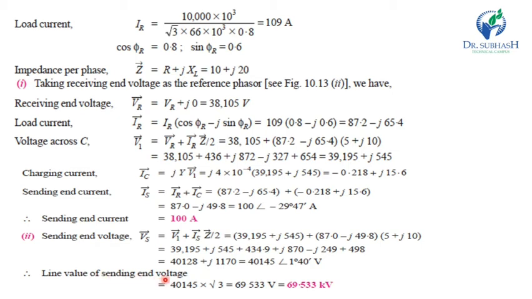Now the line value of sending end voltage: if we find a line value from the phase value, we multiply with root 3. So here 40,145 into root 3, we get the value of line voltage for sending end, 69,533 volt, or 69.533 kilovolt.